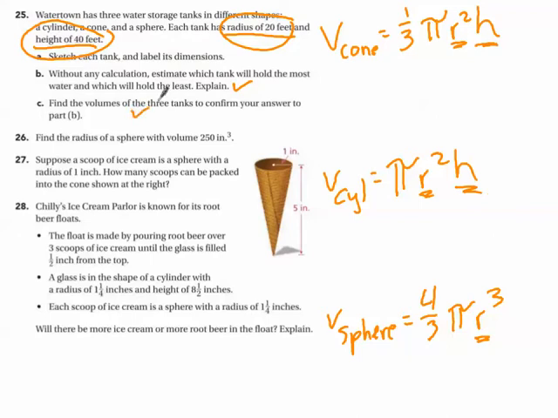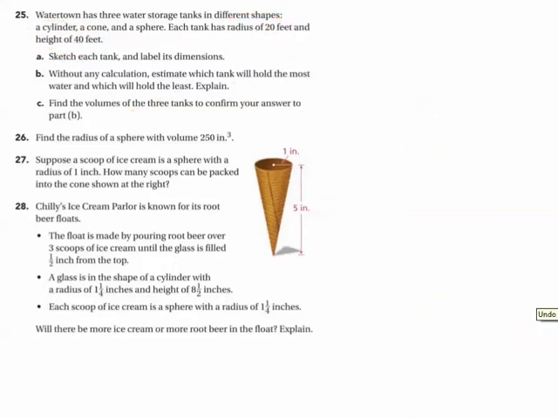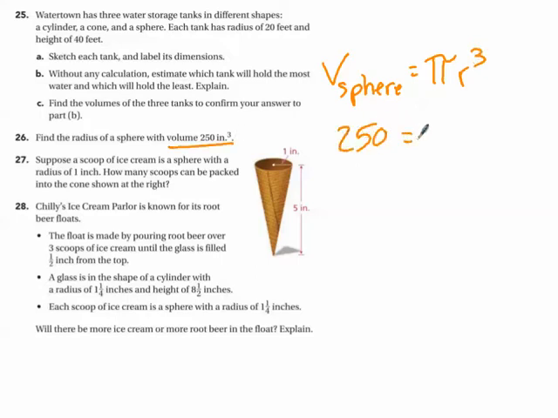To find the radius of a sphere with a volume of 250 inches, we again need to start with the volume of a sphere, and that is pi r cubed. It gives me the volume, so I'm going to substitute that in here. I'm going to do some train tracks.